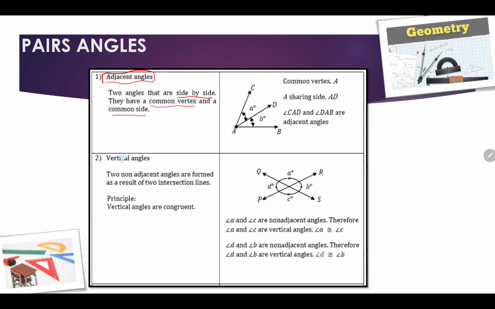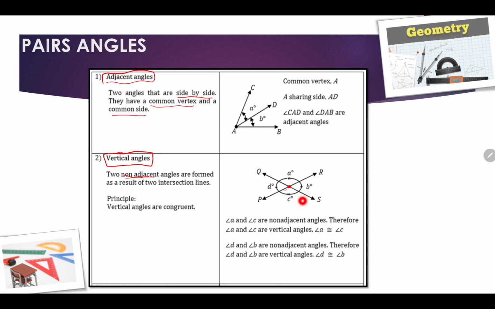Okay, the second one is vertical angles. Vertical angles are two non-adjacent angles, not side by side like before. Non-adjacent angles are formed as a result of two intersecting lines. So imagine that we have line PR and line QS that intersect at this point.